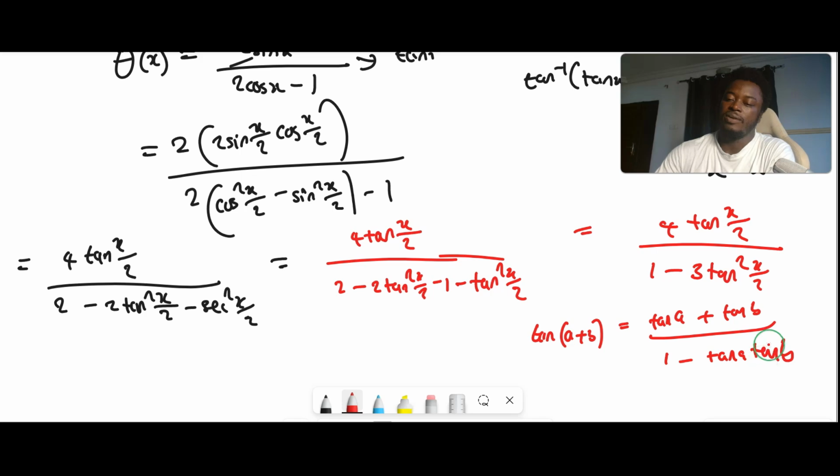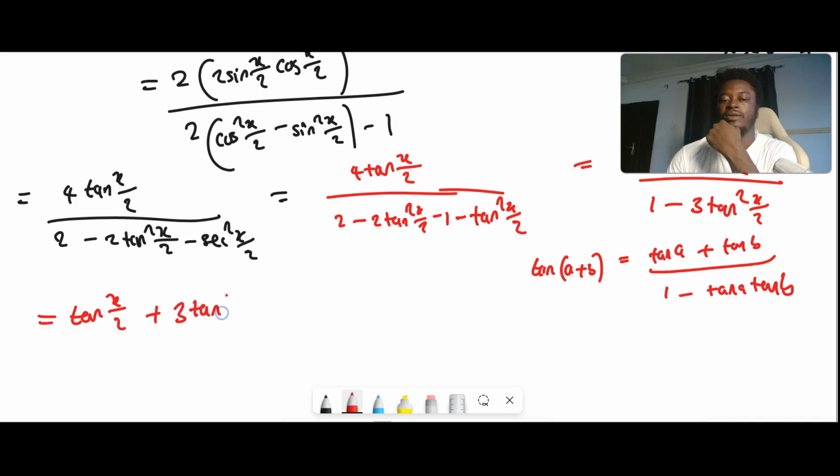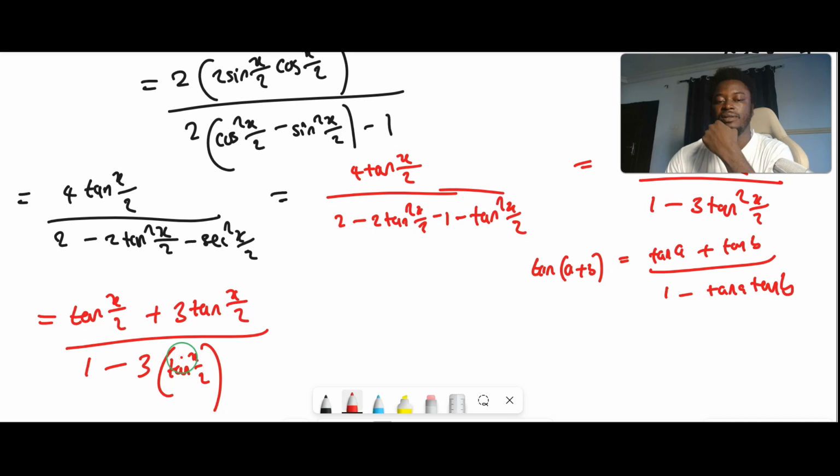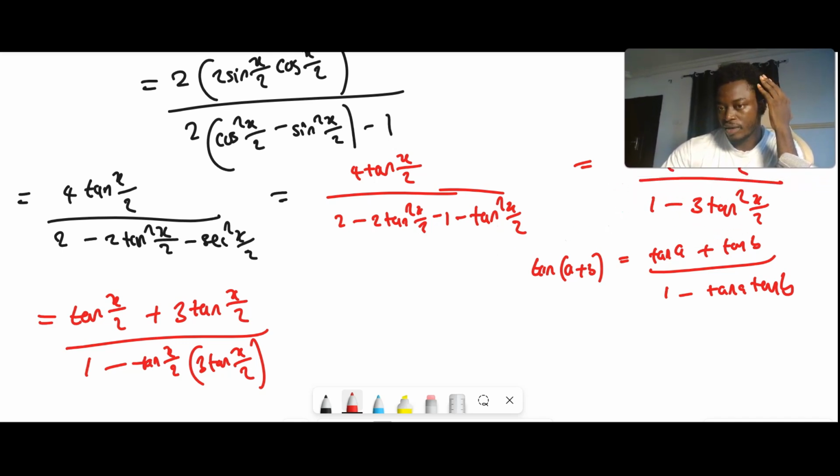You may not see the connection yet, but what if we write this as tan of x over 2 plus 3 tan of x over 2, all divided by 1 minus tan of x over 2 times 3 tan of x over 2.